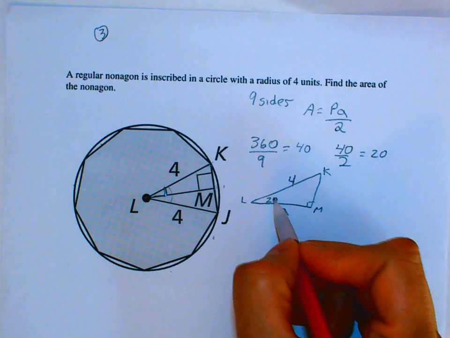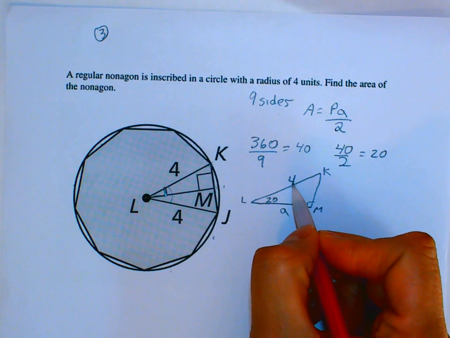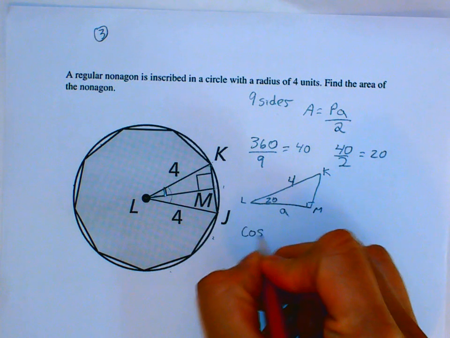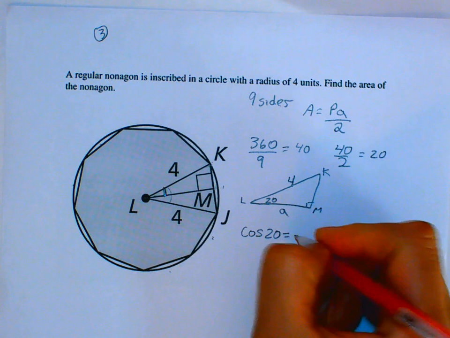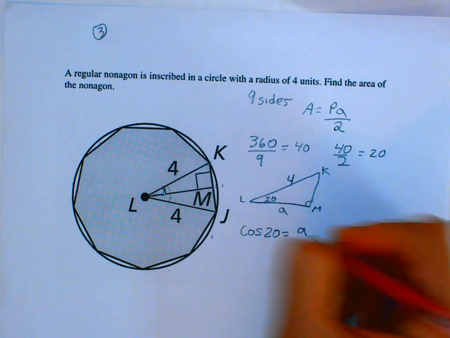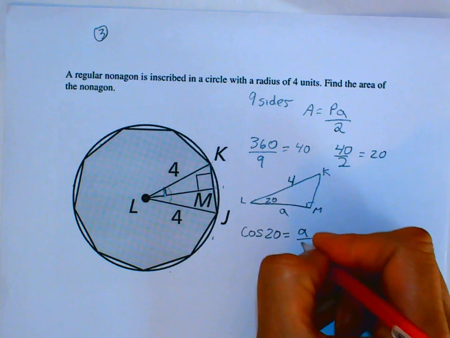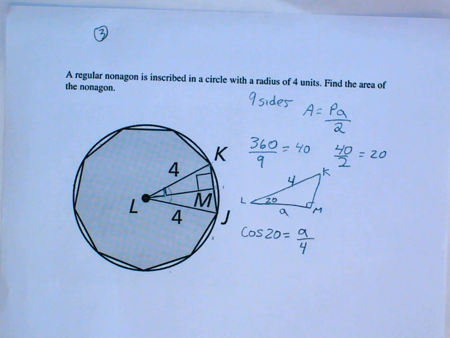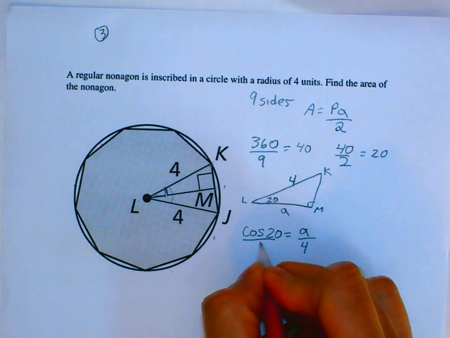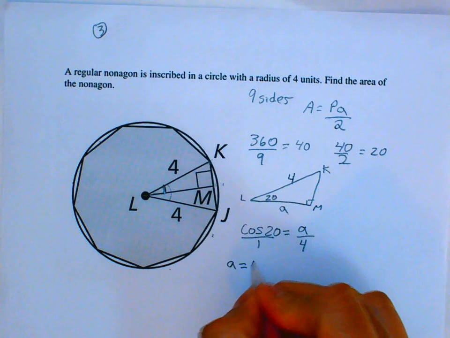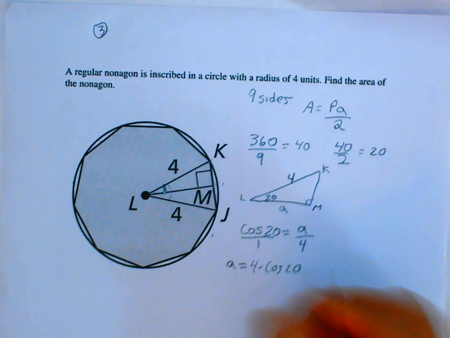Now here's the thing, you have the adjacent and you have the hypotenuse. The only trigonometric ratio that uses the adjacent and the hypotenuse is cosine. So cosine of 20 degrees is equal to the adjacent over the hypotenuse of 4. So when you cross multiply, you're going to get the apothem equal to 4 times the cosine of 20.